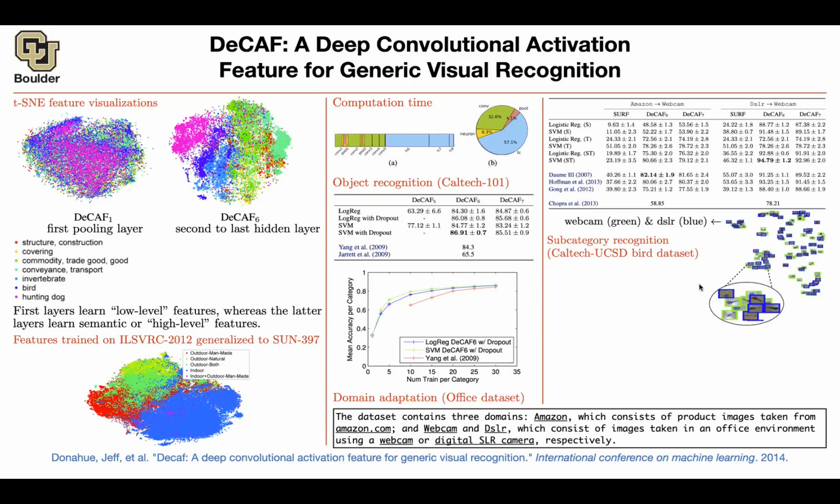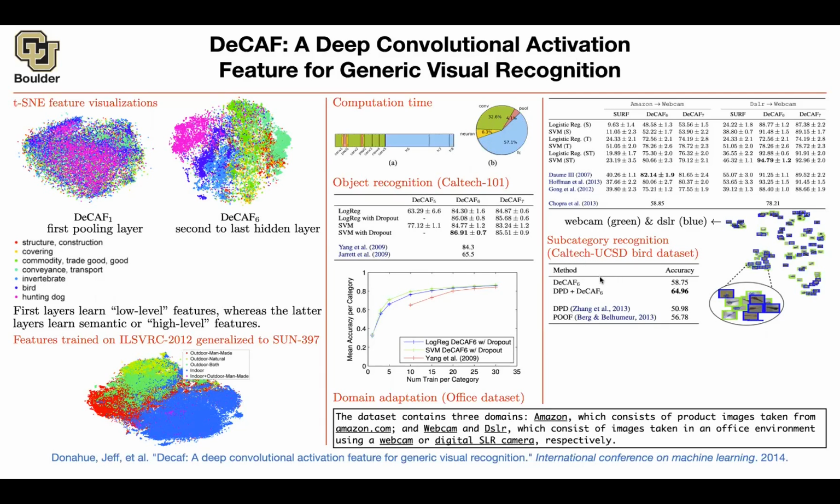You can also, we saw this subcategory data set before. It's the bird data set. And these are subcategories of birds, some special type of a bird. And you can use DeCAF 6. These are the ones that are learned from ImageNet. And then you can apply it to a totally different domain. And again, this data set is a small data set.